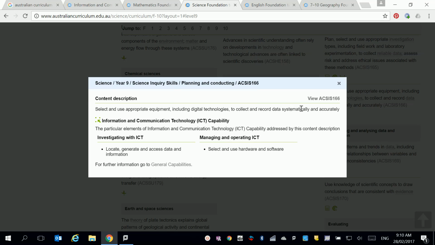So we're collecting and recording data systematically and accurately. So the capabilities here are investigating and managing and operating ICT. So basically they're selecting and using appropriate equipment including digital technologies. Okay, so they're probably logging data somehow with some kind of technology.